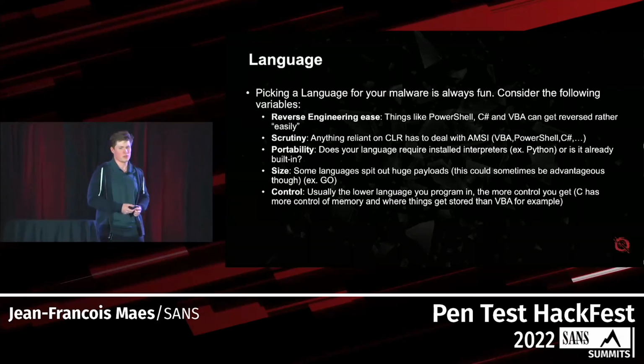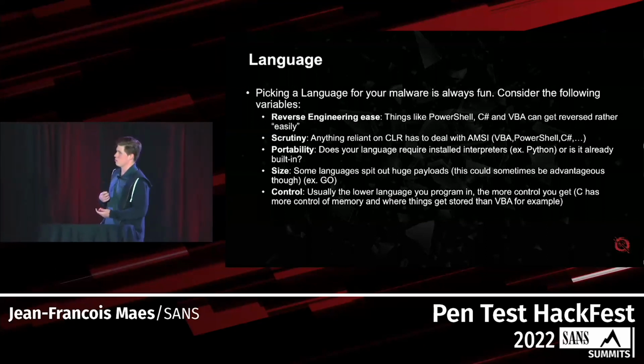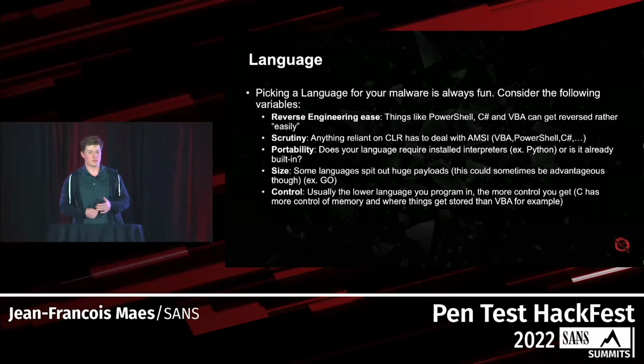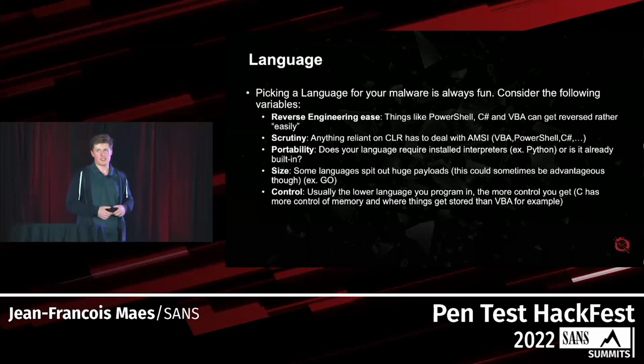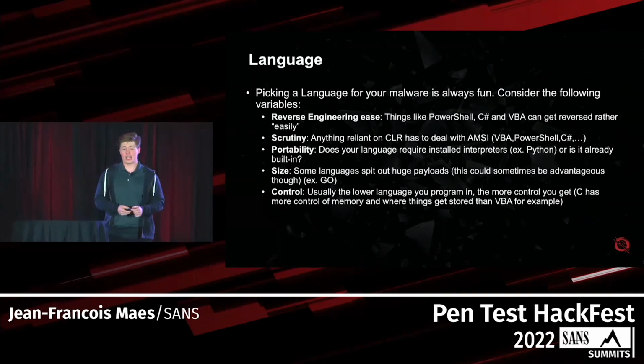The problem is, though, if you're using higher level languages, typically those are much easier to get reverse engineered. We're going to see an example at the end of this presentation, but essentially C# can basically just be reversed in clear text. So you open the binary with dnSpy, for example, and you're just going to see the code as it was written. There's no kind of obfuscation or anything like that. So you have to keep that into account.